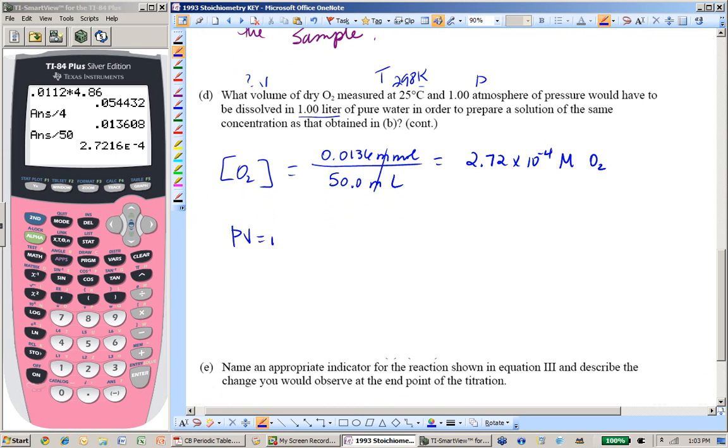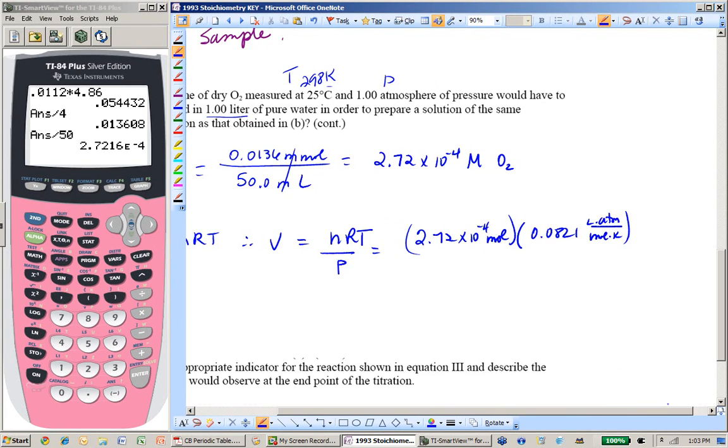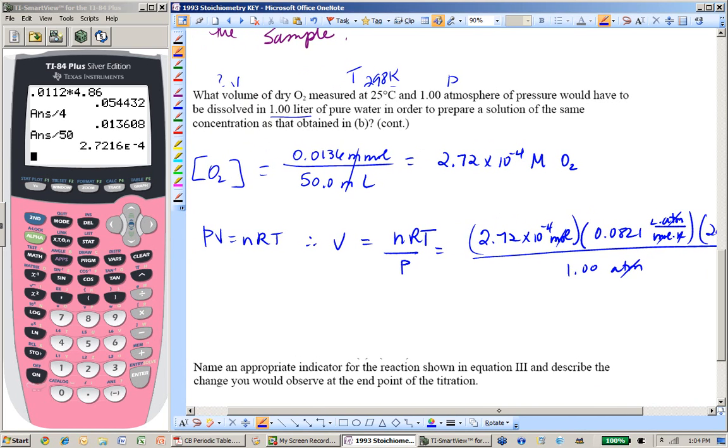So PV equals nRT. Therefore, the volume is nRT over P, which is my moles I just got, times R times 298 Kelvin, all divided by the pressure of a nice round 1 atmosphere. So atmospheres cancel, kelvins cancel, moles cancel. I love it when volume comes out in liters.